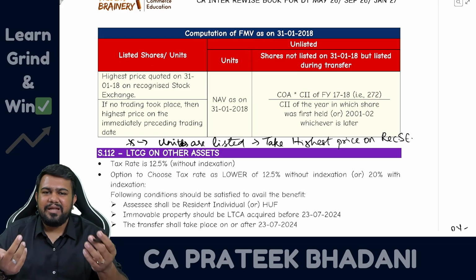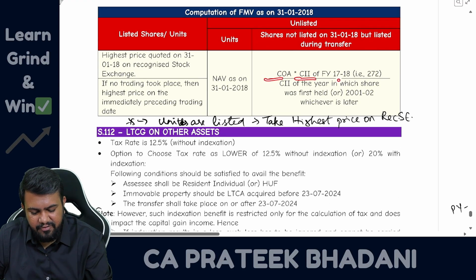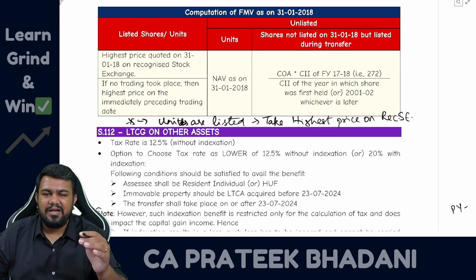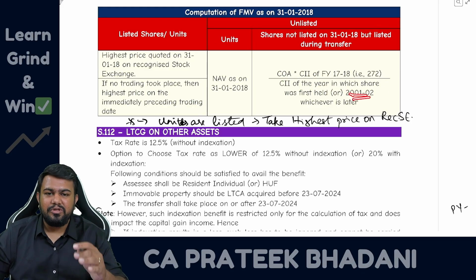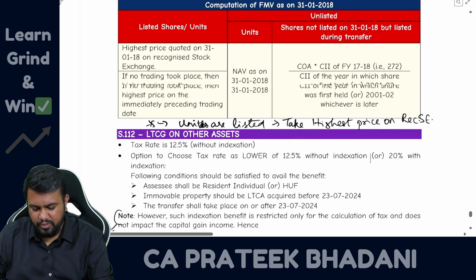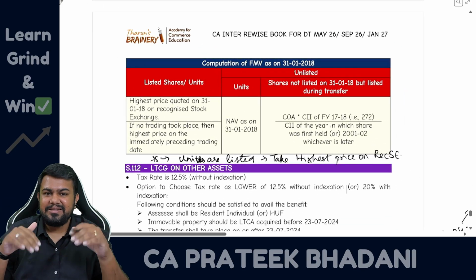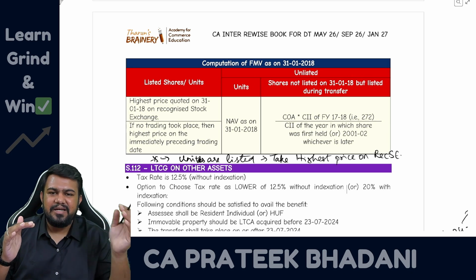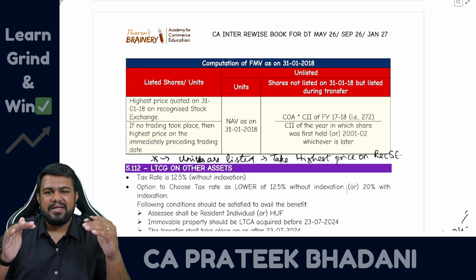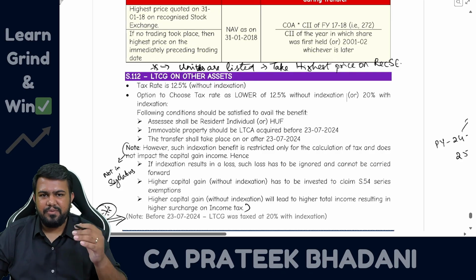If at all it is not given in the question, you should be able to answer. So listed unit, highest price; listed shares also, highest price; unlisted unit, NAV; unlisted shares, indexation. Fine. Indexation up to 17-18.